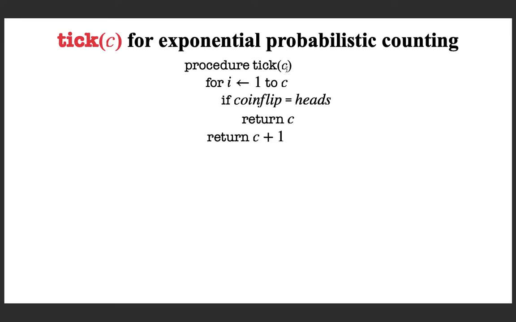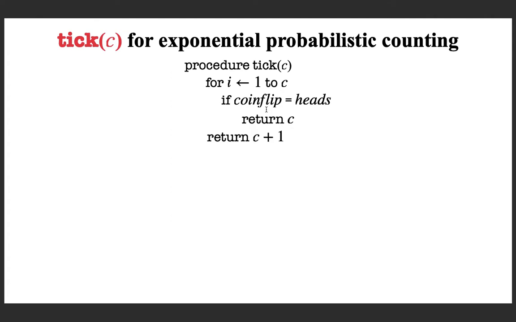If C is the present value, from 1 to C you flip a coin, and if you get heads in the first coin flip, you return without incrementing and you repeat. So it will increment only if you get tails every time when you flip the coin.